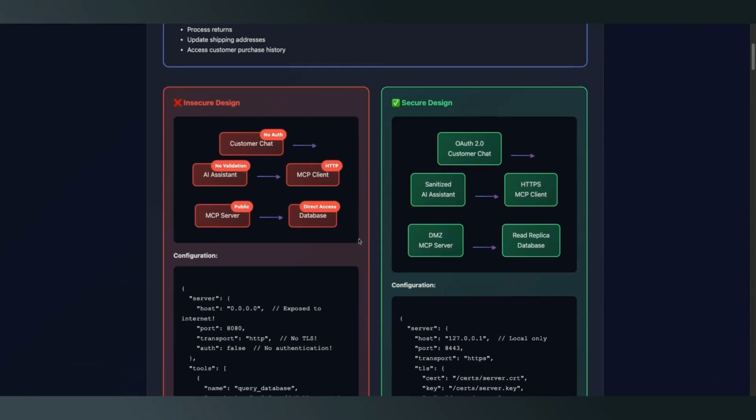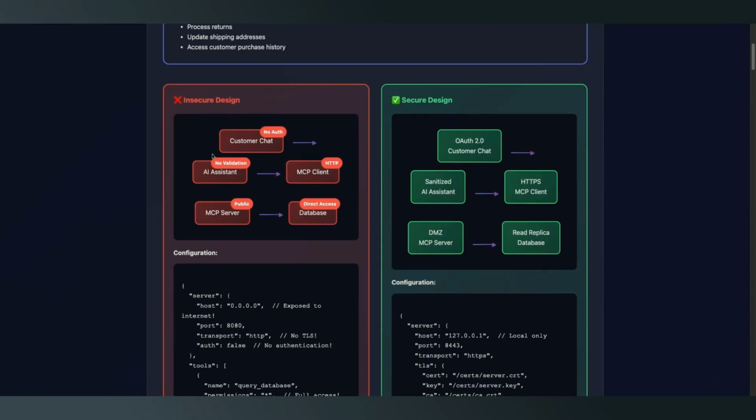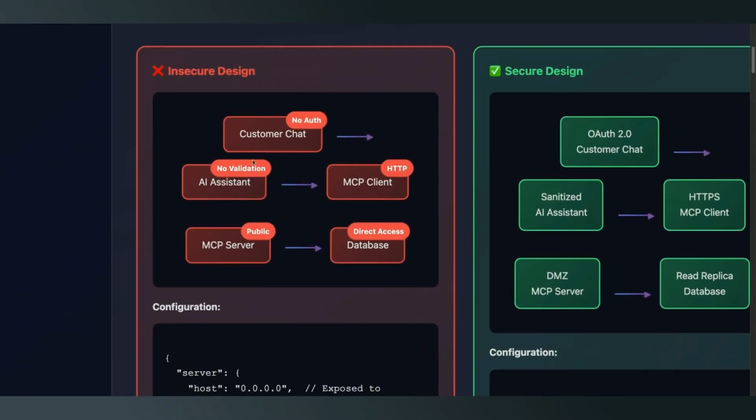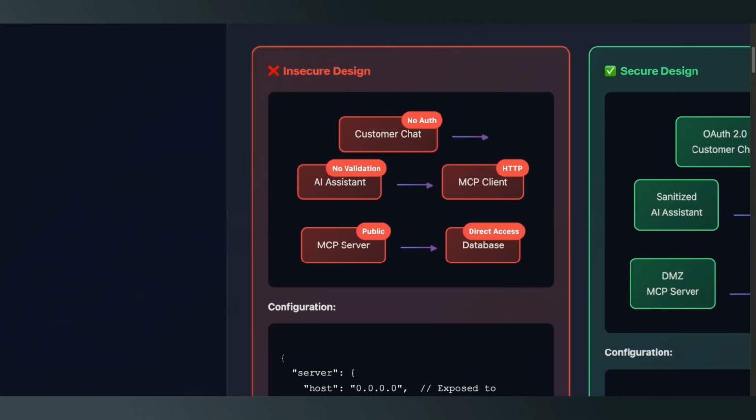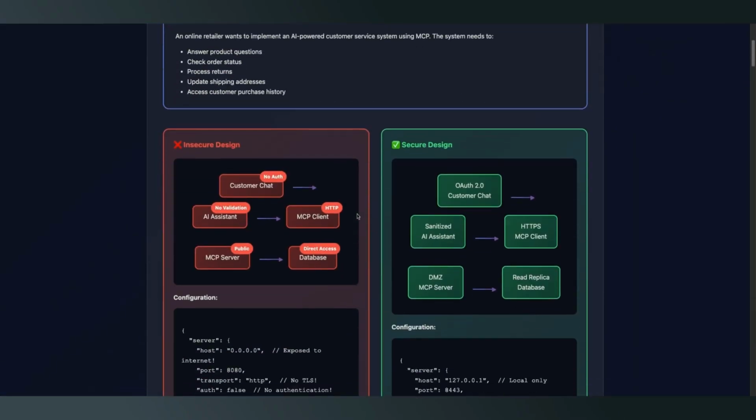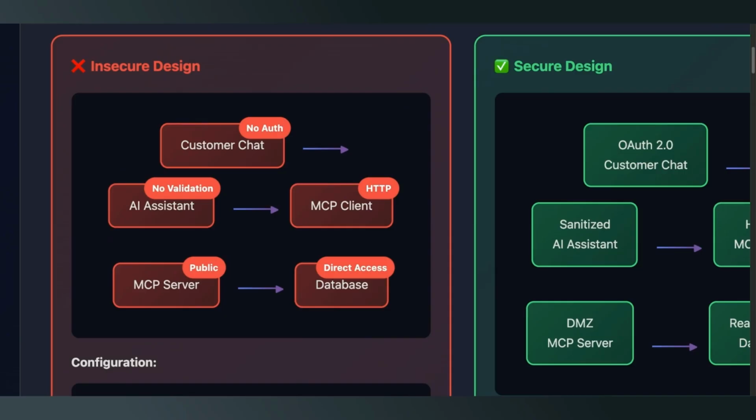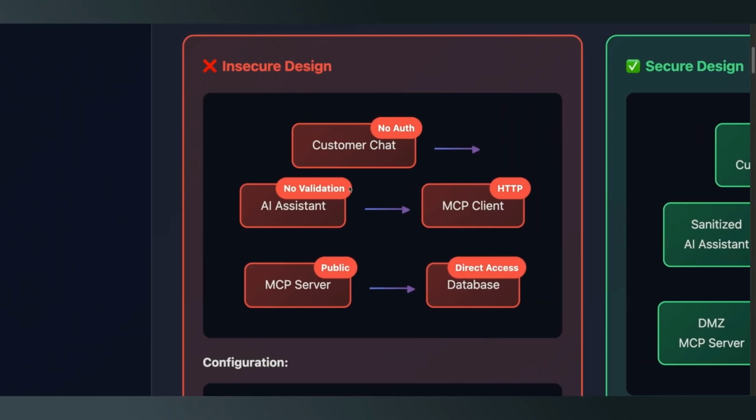So let's consider this as the initial design that has been developed as part of the architecture diagram, where they just want the customer chat model, powered by AI or an LLM, to act as the MCP client.